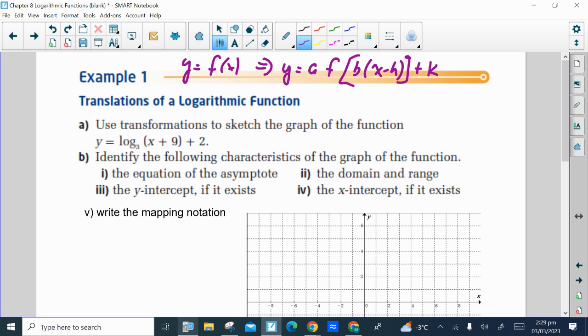Same principles as we've been doing all along. It doesn't matter what the original function is. So for this first question, this would be a transformation of y equals log base 3 of x. Okay, so our base graph here would be y equals log base 3 of x.